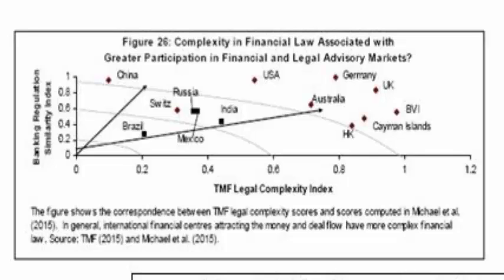So we see the US, Germany, and UK having relatively high levels of legal complexity on both measures, whereas countries like China might have very high similarity with very complicated legal systems on the one dimension, but relatively uncomplicated financial law on the other dimension.